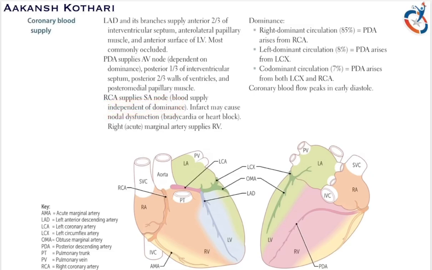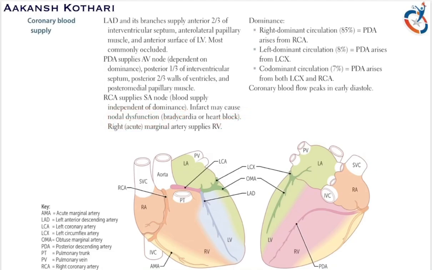Hence, the sinoatrial node is always supplied by the right coronary artery, whereas the AV node can be supplied by either the left coronary artery or the right coronary artery. Is it clear? Now, the infarct may cause a nodal dysfunction, that is bradycardia or heart block.